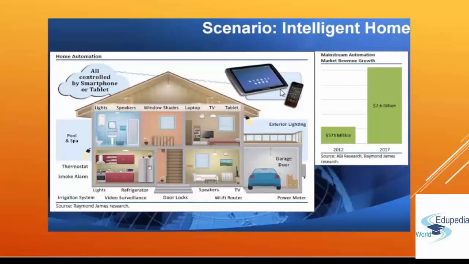These two devices are controlling the entire house. And in the house you have pool and spa, thermostat, smoke alarm, lights, refrigerator, irrigation system, video surveillance, door lock, speakers, TV, Wi-Fi router, garage door, power meter, a tablet, TV, laptop, window shade, speakers, lights, exterior lighting, all of these things.